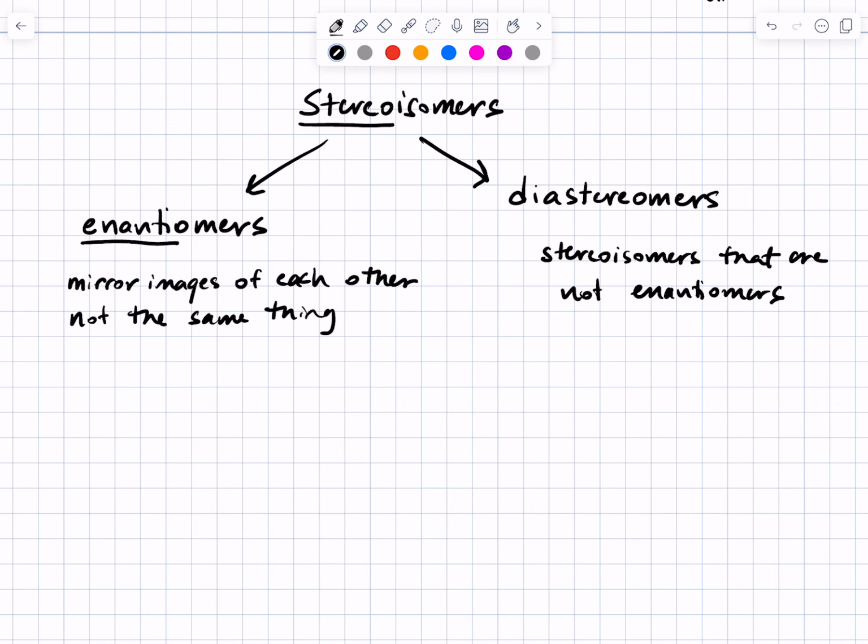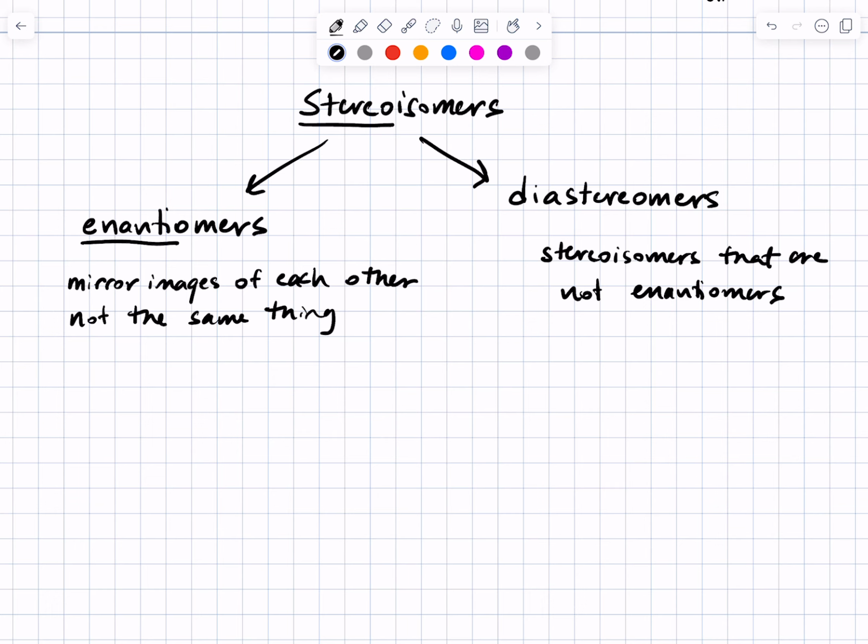Okay, it's as simple as that, though you're going to struggle with that and have to work through it. Let's work on what enantiomers are. I will say, by the way, that these two terms, stereoisomers and enantiomers, are relational terms. They describe the relationship between two molecules. It makes no sense whatsoever to ask, is this molecule an enantiomer? That's like asking, are you a cousin?